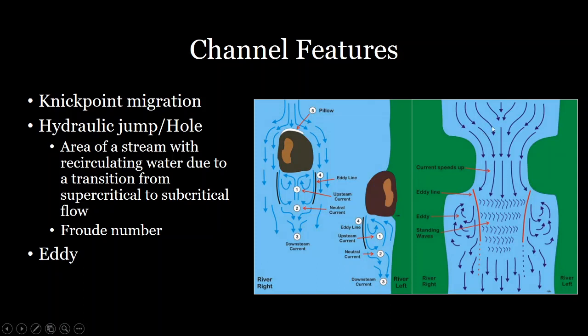You have this constricted flow here that comes down and then hits next to this void space caused by the river widening, and that water then circulates back upstream to fill that void space, and that eddy line forms between the two. So those are eddies, and they can form all throughout a river system, are very important for rafting, as well as for fish communities that like to live in eddy systems.